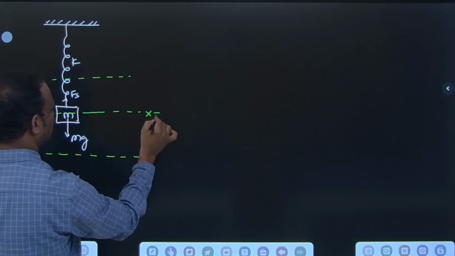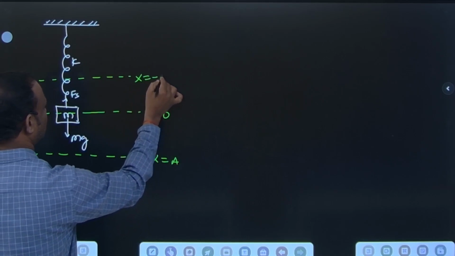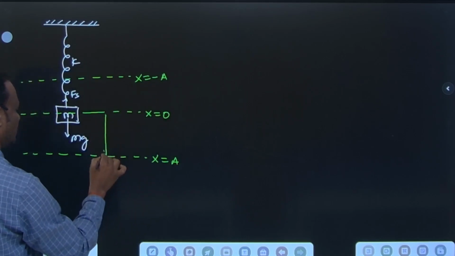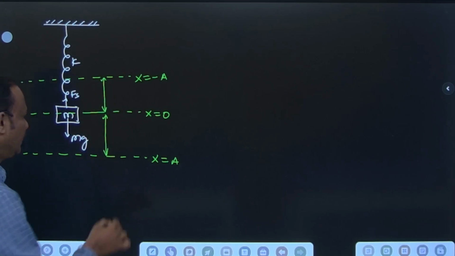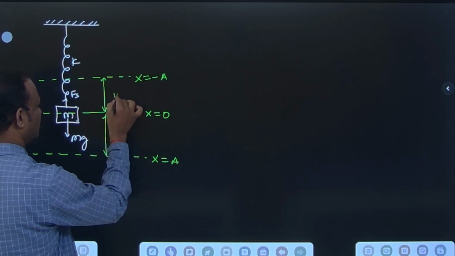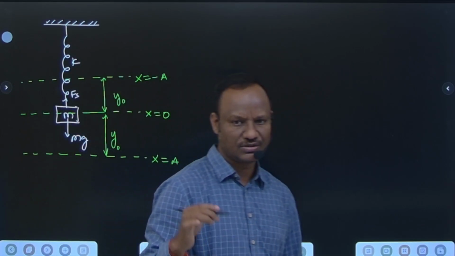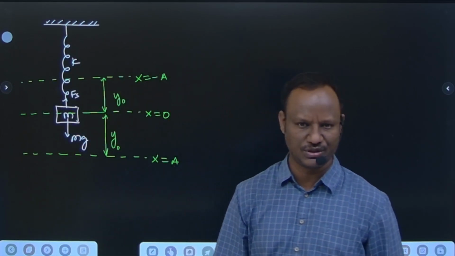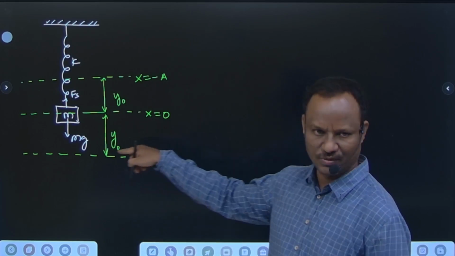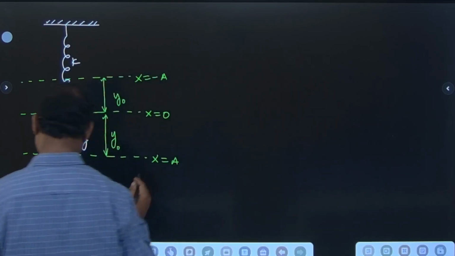Here x is equal to 0, x is equal to a, and x is equal to minus a. This is called amplitude. The displacement along this, if I say, is y naught. The maximum displacement from the mean position gives a, which is the amplitude.